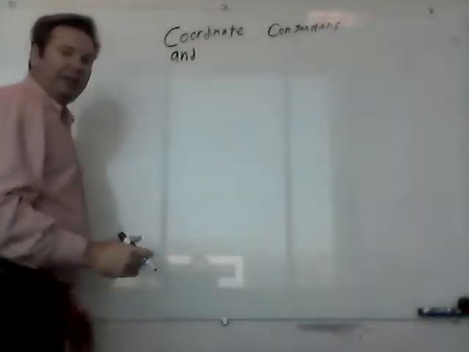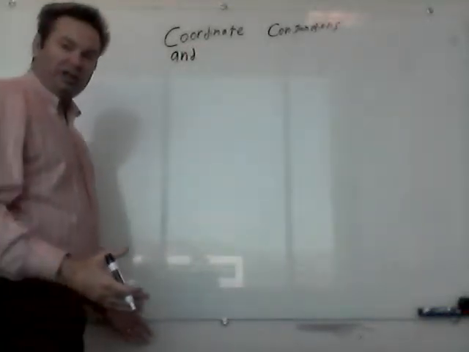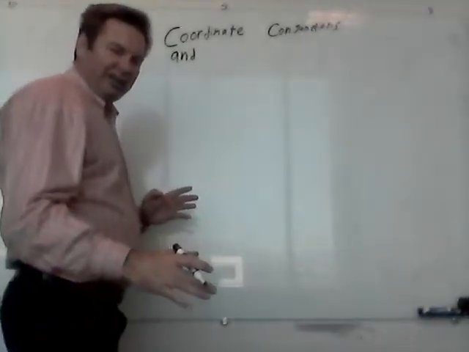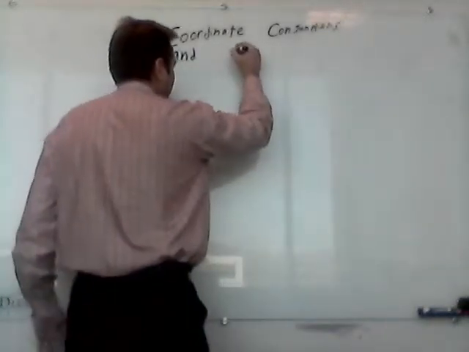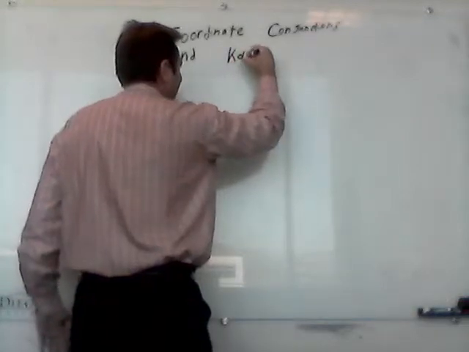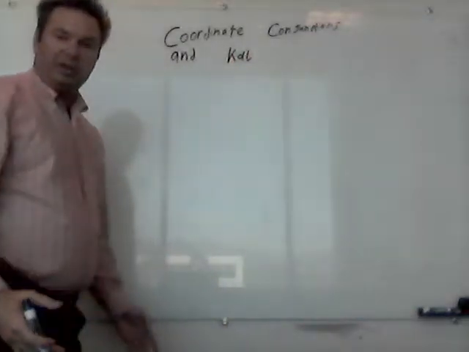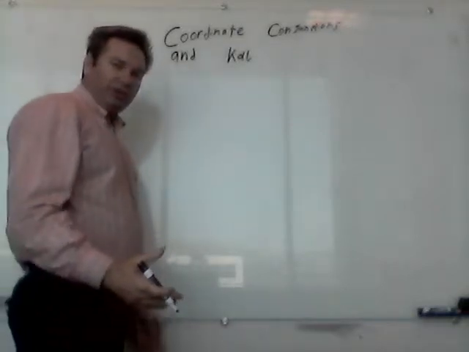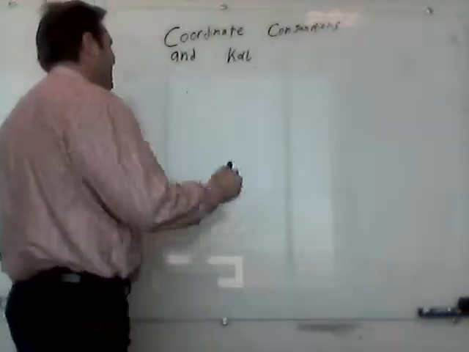Well, and is our main coordinate conjunction. So when you see a word that has and in New Testament Greek, it is usually kai. Kai can also be translated with the words even or also, and maybe a few other things, but kai is usually going to be and.